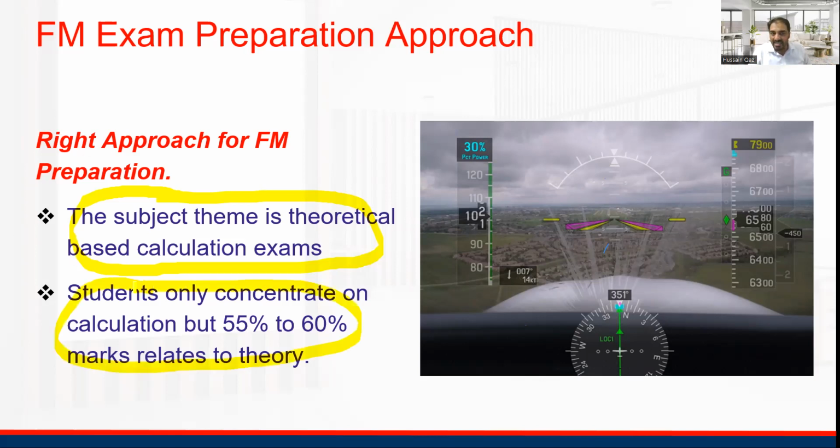So in a theory based calculation paper, 60 to 65% is about theory and the rest is calculation. If you are planning to invest, let's suppose, 100 hours over the next 10 weeks, do invest your time in the proportion of 60-65% theory and 30-35% calculation.